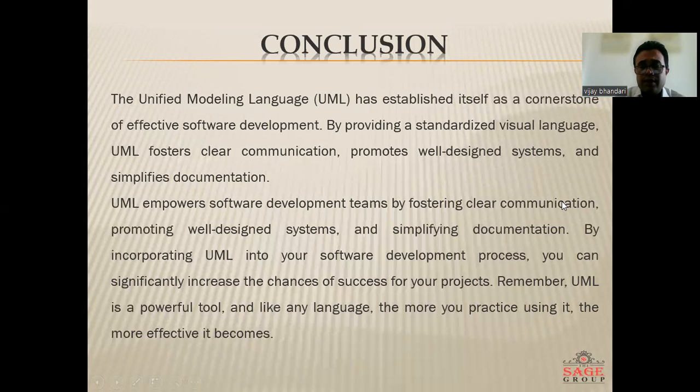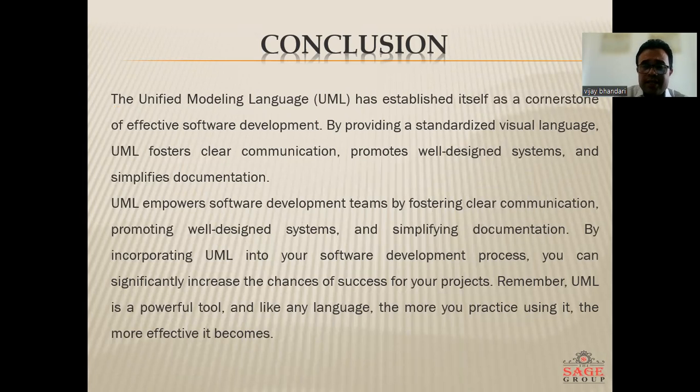Now, here I conclude the lecture. First we saw UML diagrams: what UML is, an overview of UML, the benefits of UML, actors, what the system is, and how actors and systems interact, as we have seen in use case diagrams and sequence diagrams. The Unified Modeling Language has established itself as a cornerstone of software development.